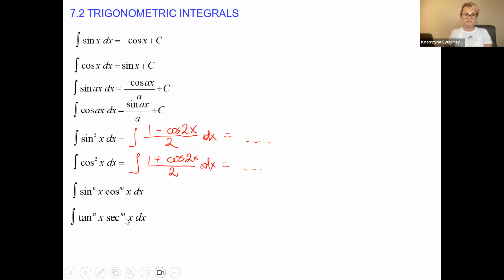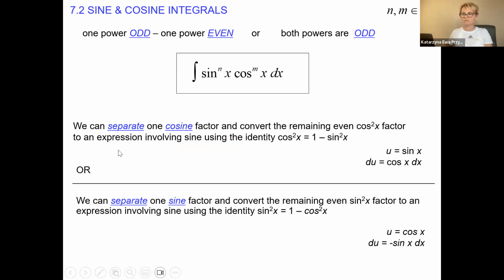Tangent and secant, the same thing. That's what I'm trying to say, but I don't want to make any big theory. It's just the U substitution. If we think about derivatives, if one exponent is odd, one even, or both odd, then we will try.